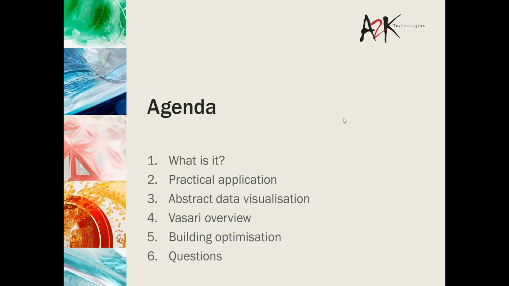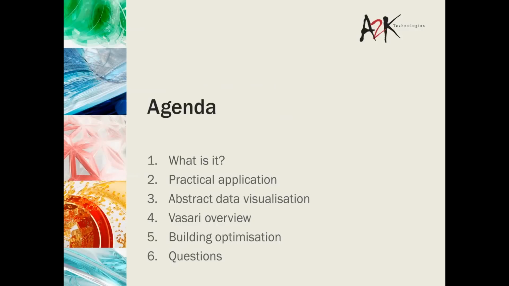So today we're going to go through a little bit of an intro first up to A2K and myself. Then on the Dynamo side we're going to have a look at what it is, what is actual Dynamo there. We're going to have a look at some practical applications of how it can be used.